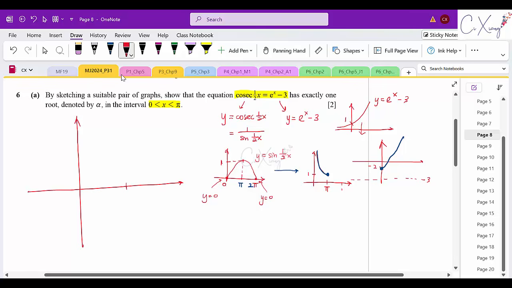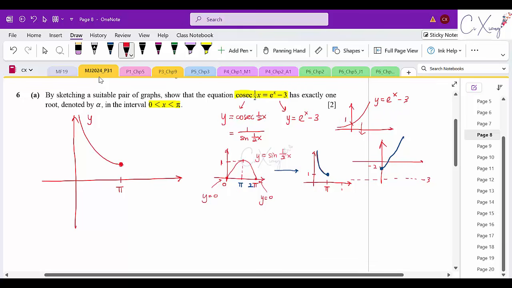Okay, so maybe I will draw a pi here. Okay, I need to redraw it again. Okay, so I'm having a pi. So this is a pi. And then for my cosecant half x, it will look something like this.